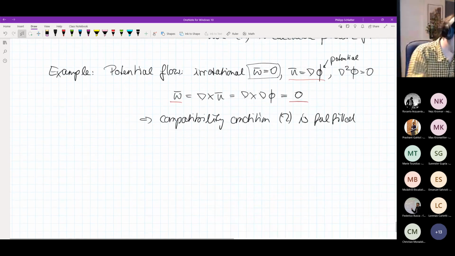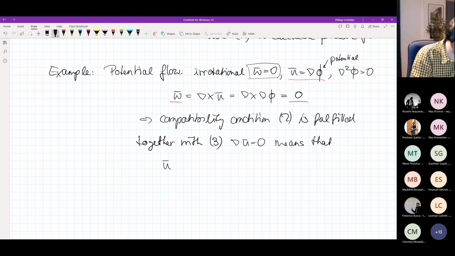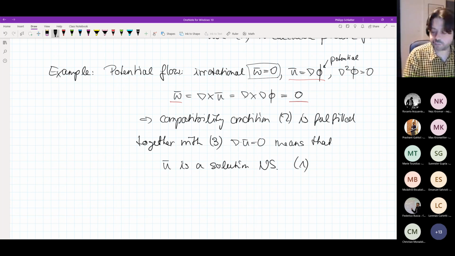And that means now that together with equation number 3, which is that the divergence condition is fulfilled, together with that condition, it actually means that the u velocity field that we have defined here is a solution to equation number 1, the Navier-Stokes equation number 1.